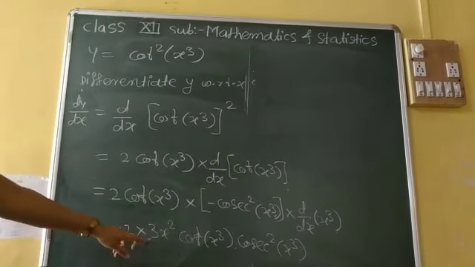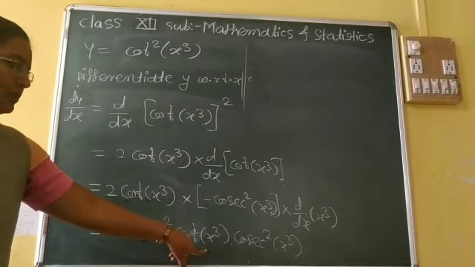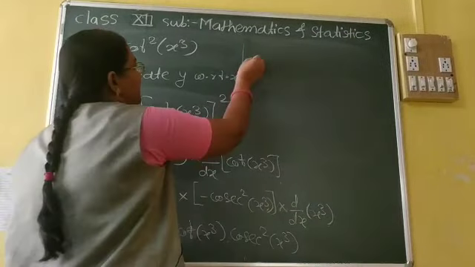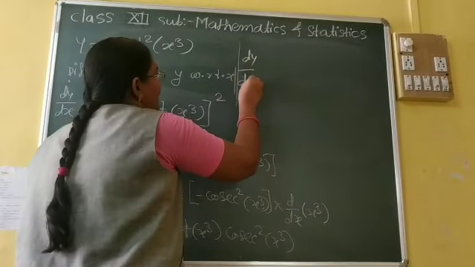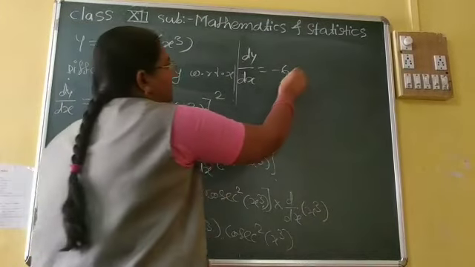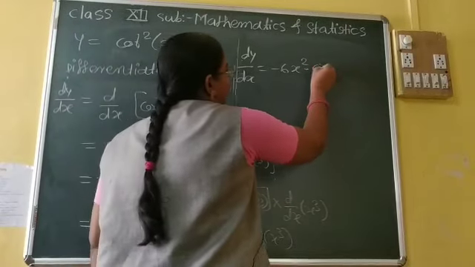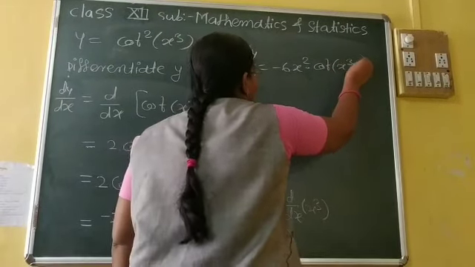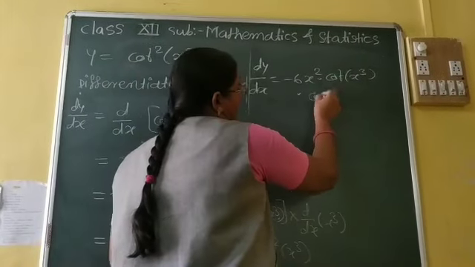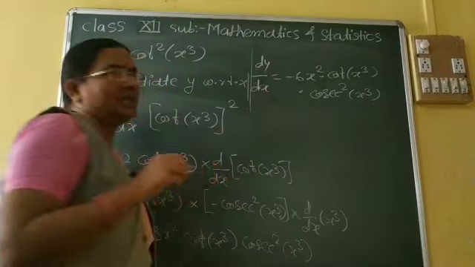Simplifying this, we get minus 6 x square cot of x cube cosec square of x cube. The answer is dy by dx is equal to minus 6 into x square into cot of x cube into cosec square of x cube. This is the answer.